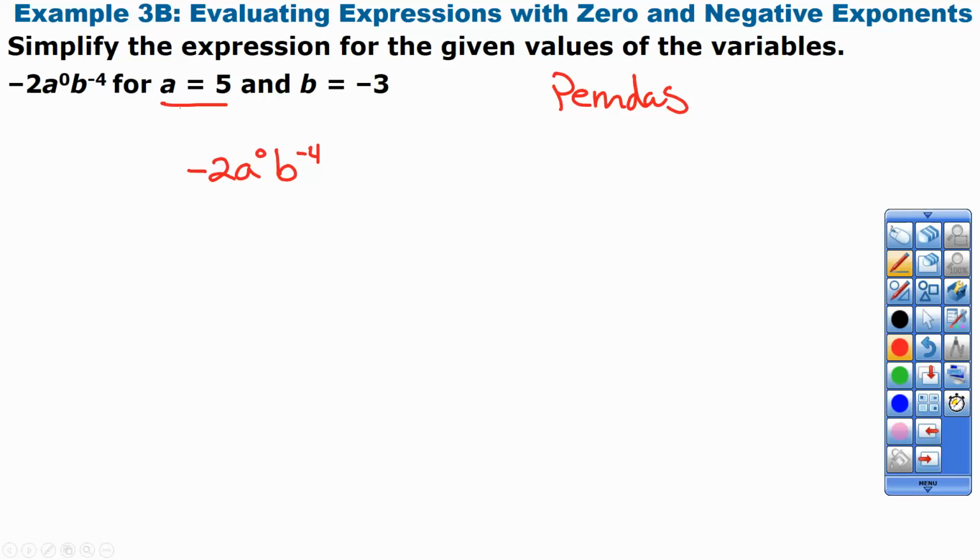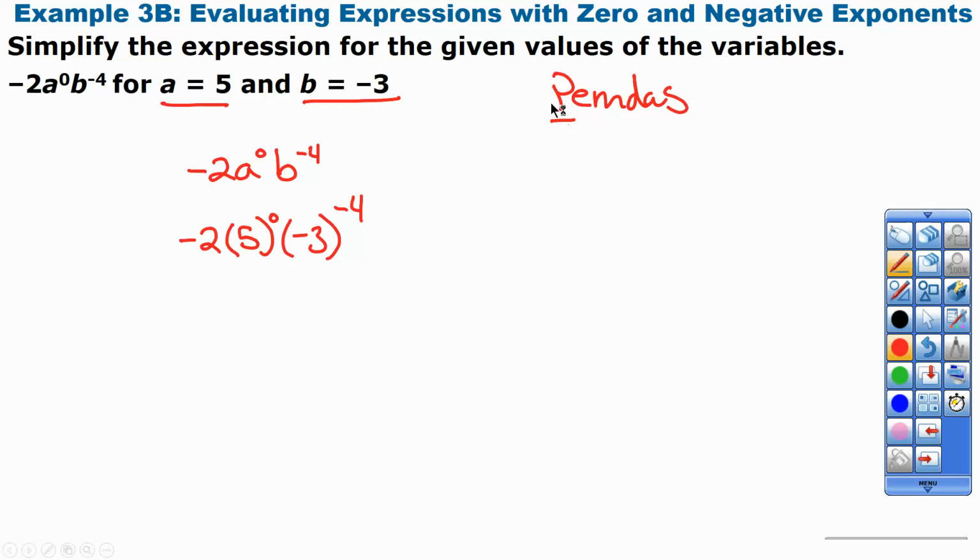And a is 5, so go ahead and make sure you write that down. And b is negative 3. So we plug those in. Negative 2 times (5) to the 0th power, times (negative 3) to the negative 4. Anytime you substitute in, make sure it's in parentheses.